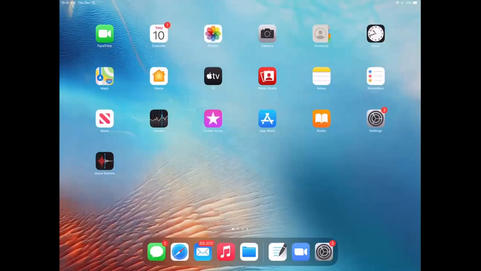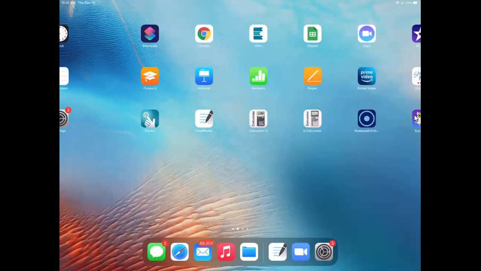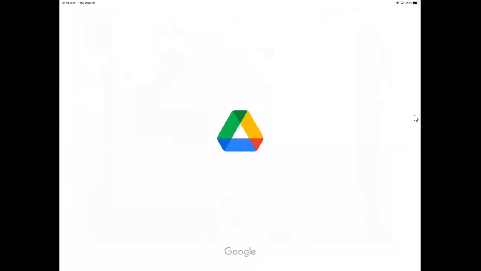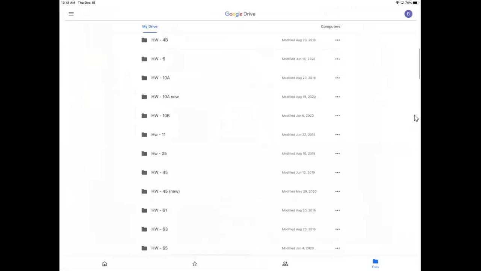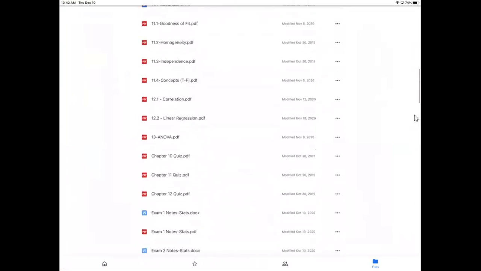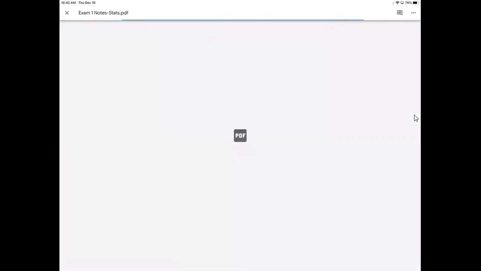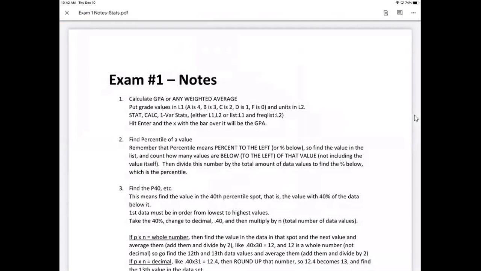So let's go to the notes. I want to show you where this is, if I can find it in the notes. Let me see here, homework statistics. So this is probably the exam 1 notes, I think. So I'm going to go to the exam 1 notes.